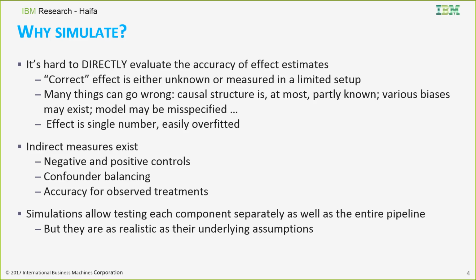And finally, even if you have a number and you knew which number you would like to end up with, it's just a single number, right? Say you know that the effect of some treatment on a specific population is X. It's very likely you could get this number using different models, different designs for your analysis calculation.